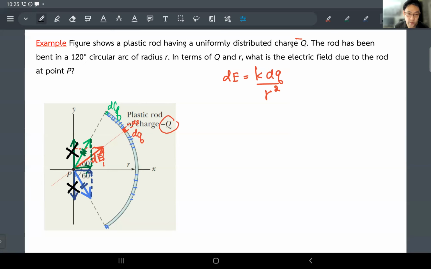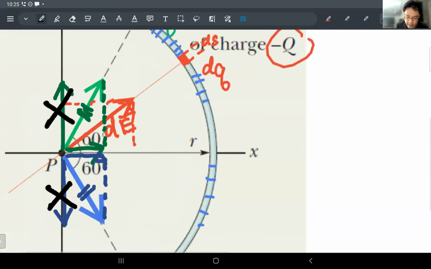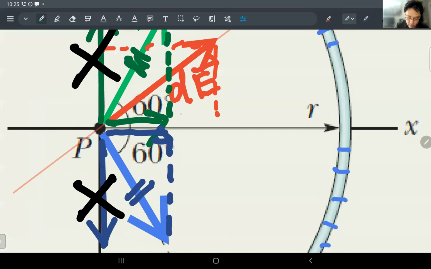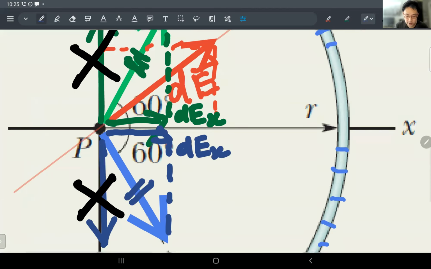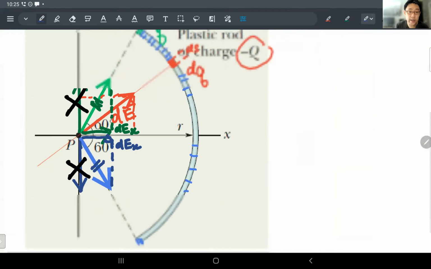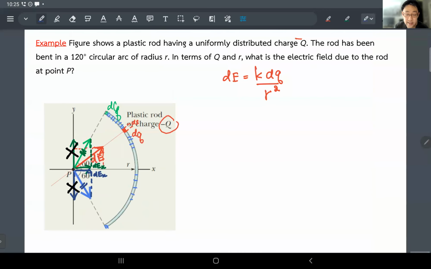Cool. So once again, all you care about to add is just that X component of the DE. Wherever you are on this one, you only care about what is going on along the x-axis again, because the y components eventually got canceled.